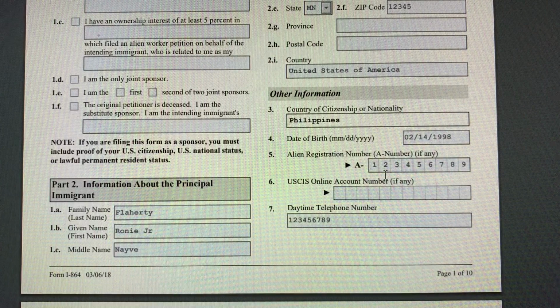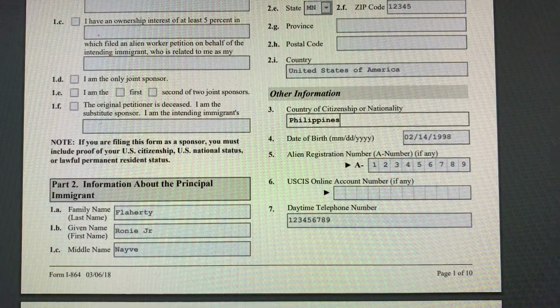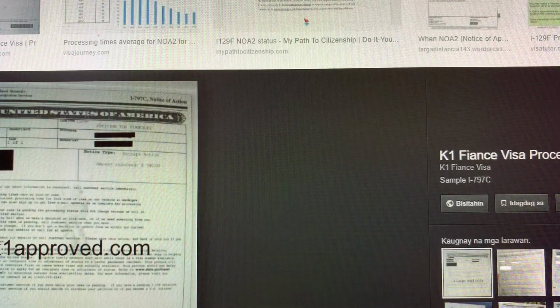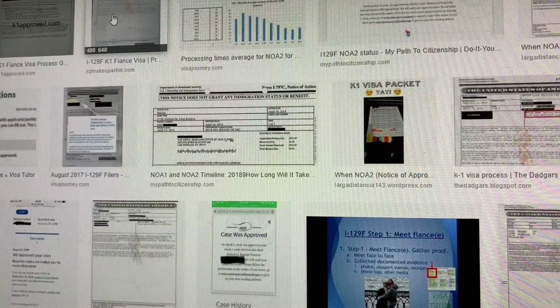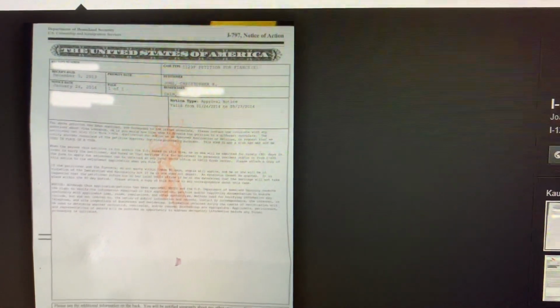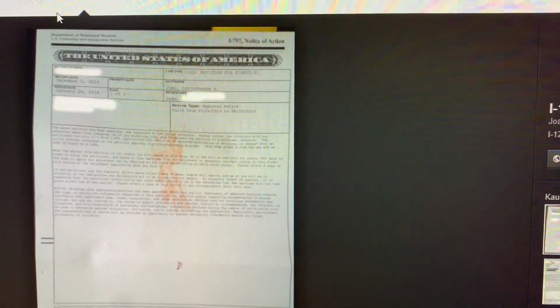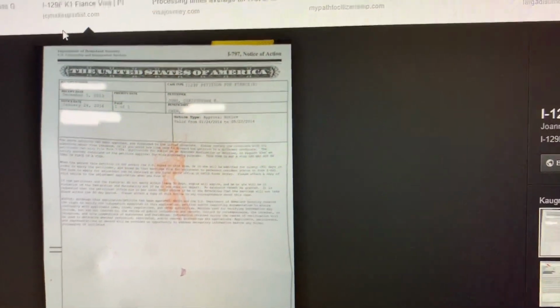If you guys don't know where to find your alien registration number, just look for your old documents. It looks like this one. It looks like this one too. So this is the Form I-797, or Notice of Action 2, the approval notice from your original I-129F petition.